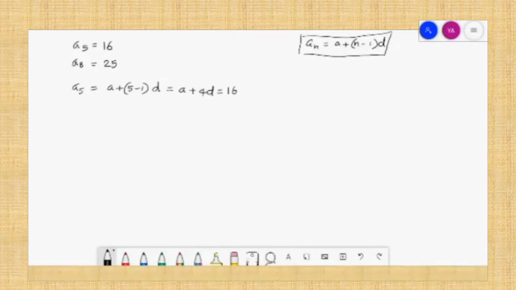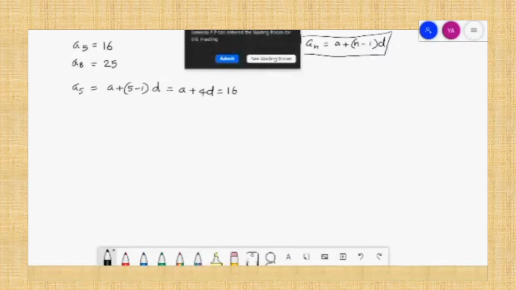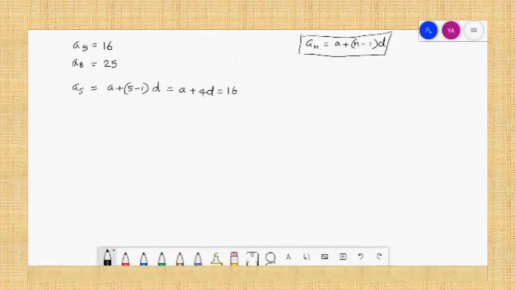So a + (5 - 1)d becomes a + 4d, which is equal to 16. Similarly, we can write a8, the eighth term: a + (8 - 1)d, which is a + 7d, equal to 25.